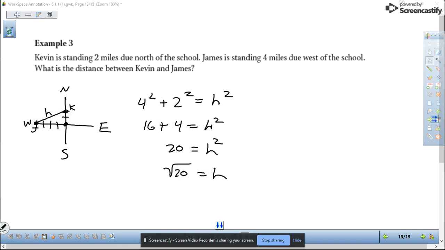So we end up with 2 square root 5, which still doesn't really mean anything. So that is approximately 4.5 miles. Make sure you give your context and your units, if there are units to be given.